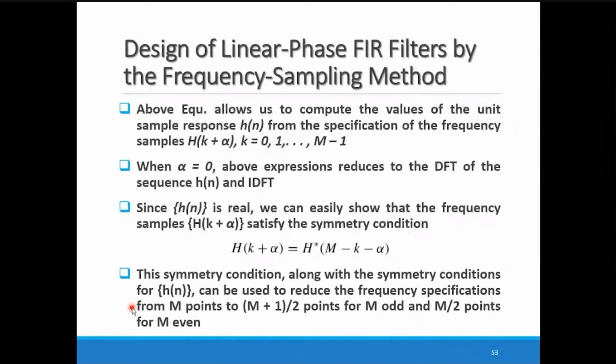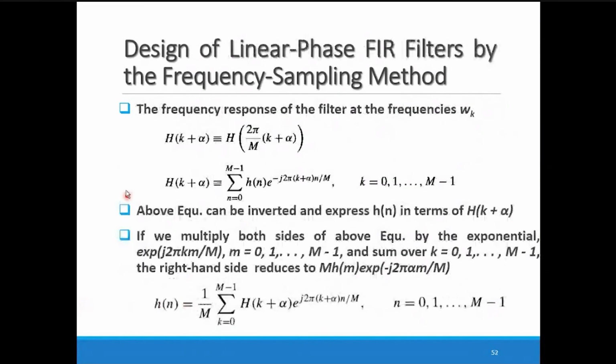So when α is equal to 0, if I take α equal to 0 in this equation, you can say simply the above expression reduces to the DFT of the sequence h(n) and the IDFT. In this equation, if I take α equal to 0, it will be H(k) is equal to summation n equal to 0 to M minus 1 h(n) e raised to j 2π k n divided by M, because α is equal to 0.